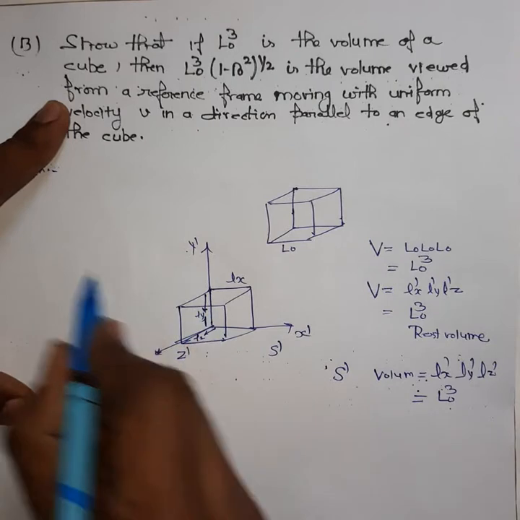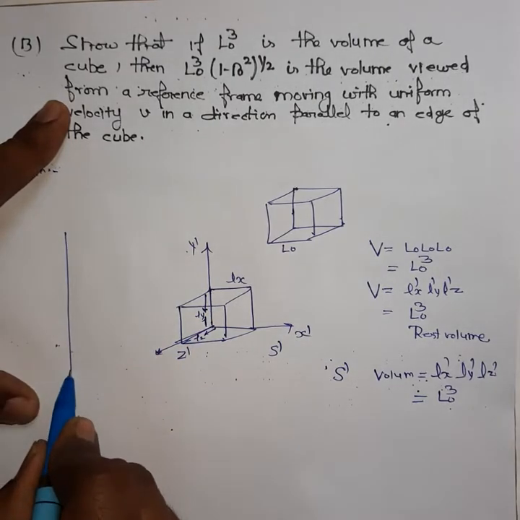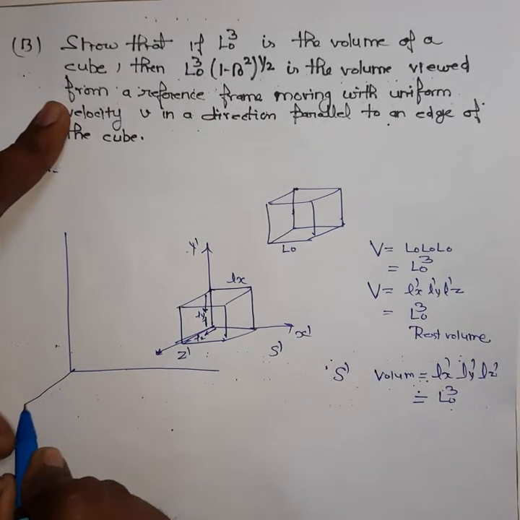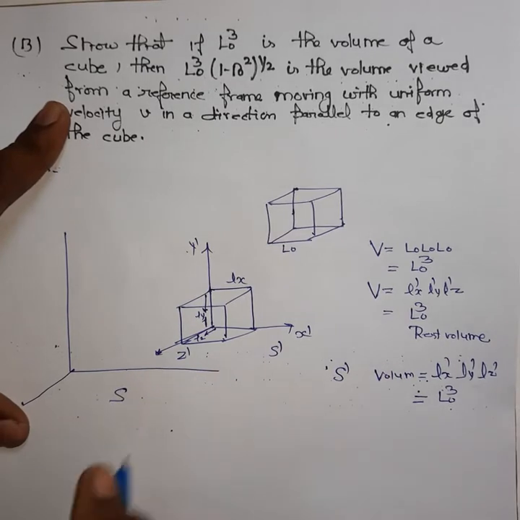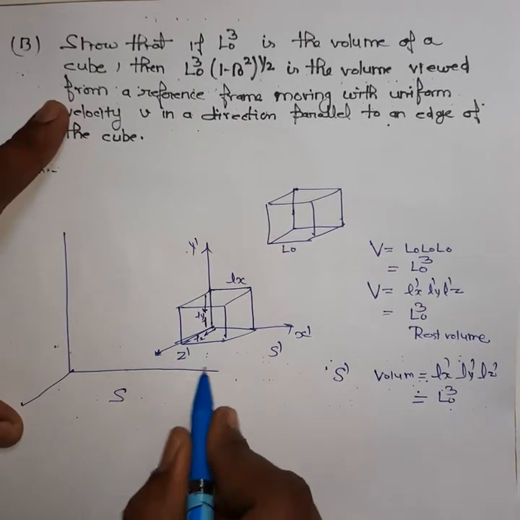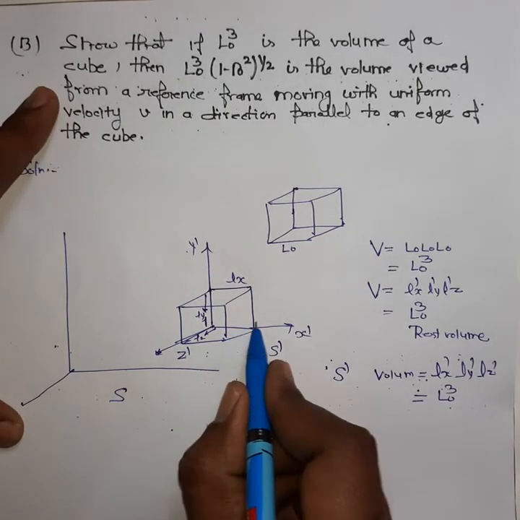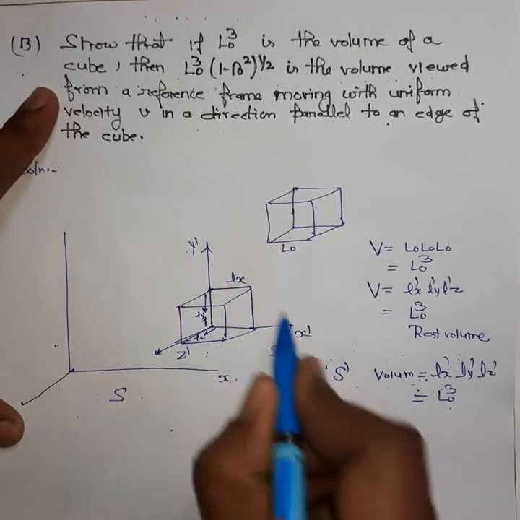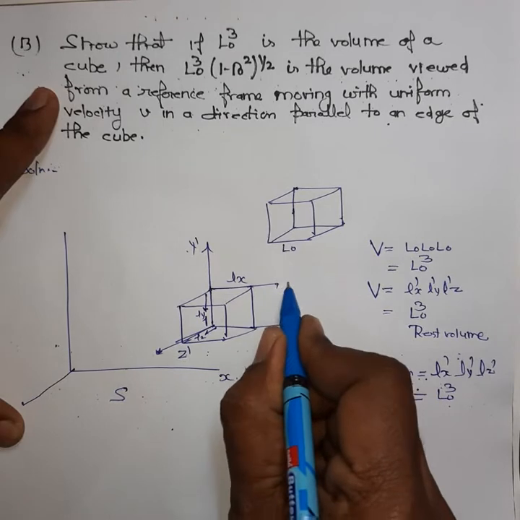But what about the observer which is moving with some velocity? So suppose there is another frame of reference S relative to which this cube is moving with velocity v in x direction.